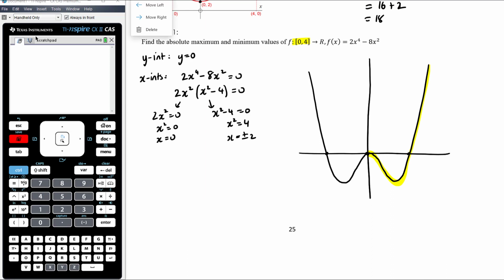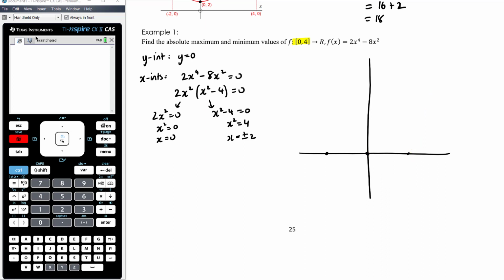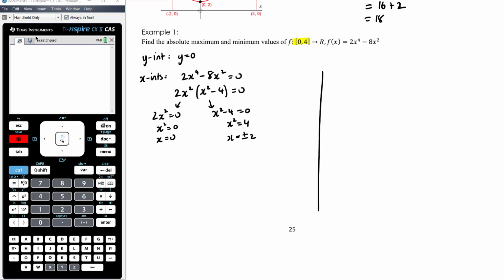Okay. We also want to think about, if we were going to sketch it, we wouldn't be sketching this bit back here. So this bit wouldn't be there. We would just be sketching this shape here. So turning point at the origin, and that's the point 2, 0. So actually I'm going to need a bit more space because I want to go up to 4.